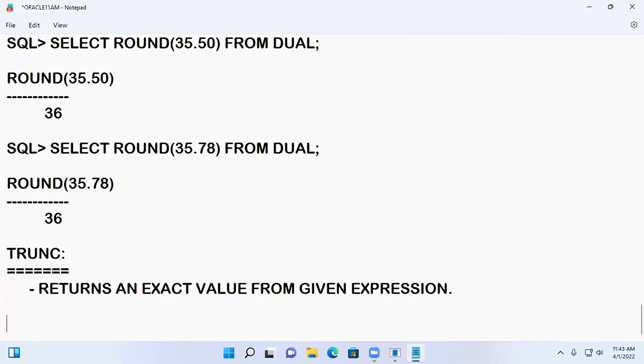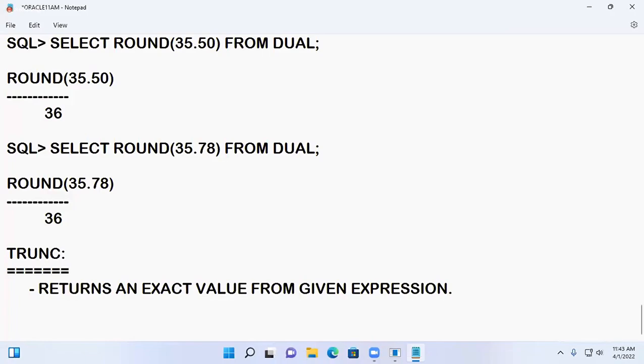If the decimal part of your expression is equal to 5 or more than 5, then 1 is added; if it is less than 5, nothing is added. But the trunk function is not like that. It doesn't consider the 0.5 value. So whatever decimal expression you give it, it shows an exact value of your given expression.